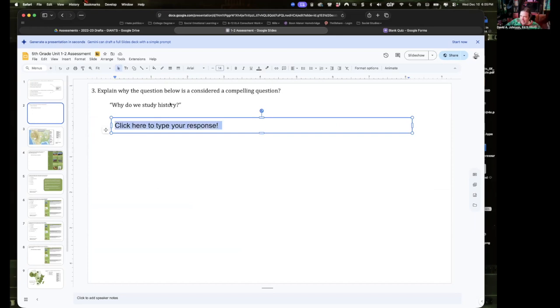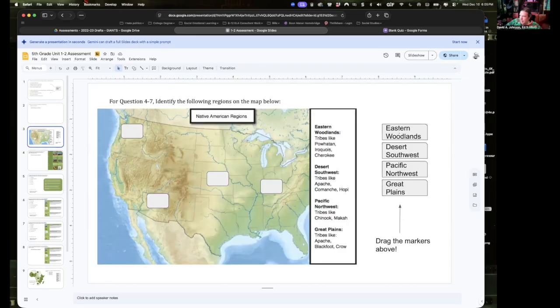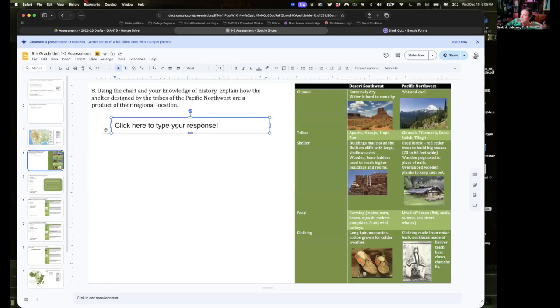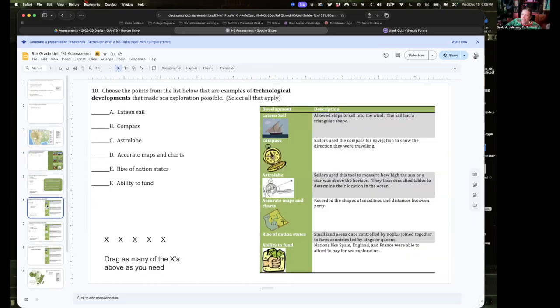So kids will take a look at the question and then ideally type their response in here. We've got markers that can be dragged to the appropriate colonial regions. We have a variety of multiple choice, multiple selection, technology enhanced type items that appear on the STEP.